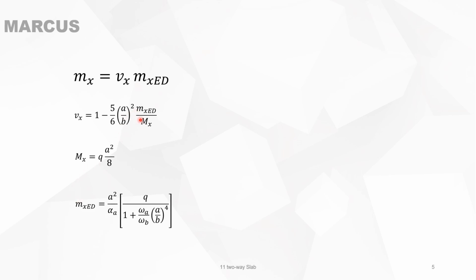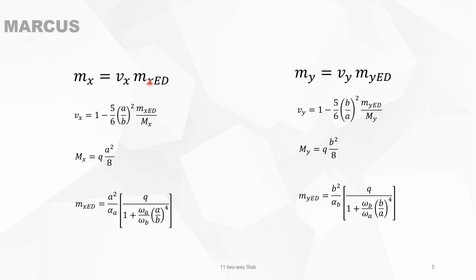And Mx equal deflection, the bending moment that you obtain by equal deflection, if you put it in the general formula, is the load in the a direction, a squared divided by alpha a, depending on the three different systems that you got. In the y direction, it's exactly the same, but with cyclic permutation, you obtain the same formulas.